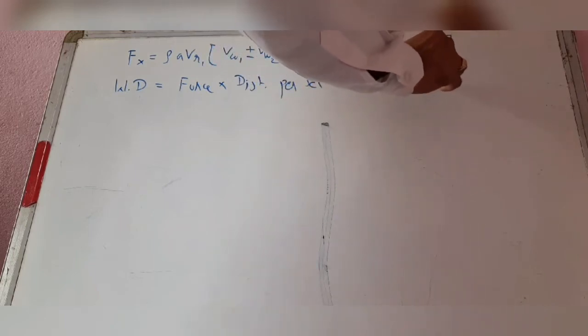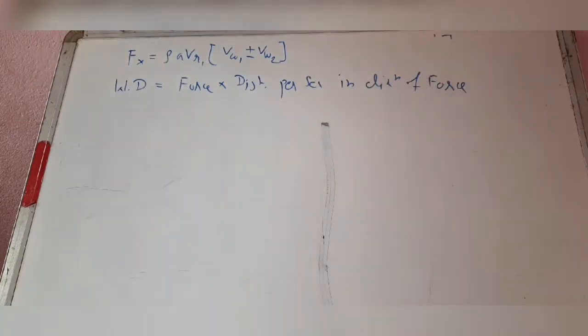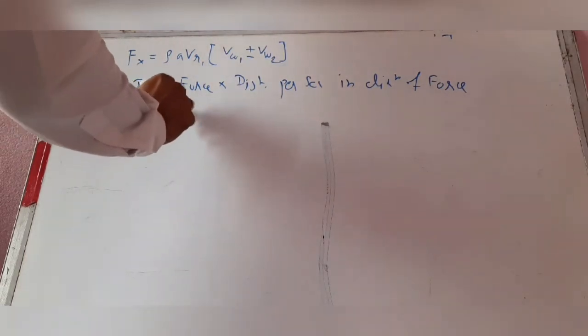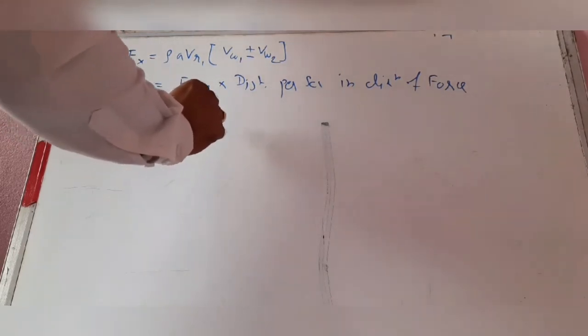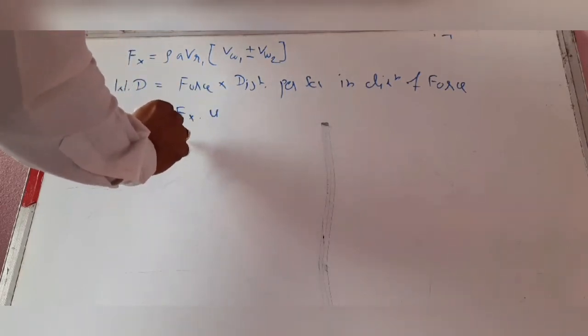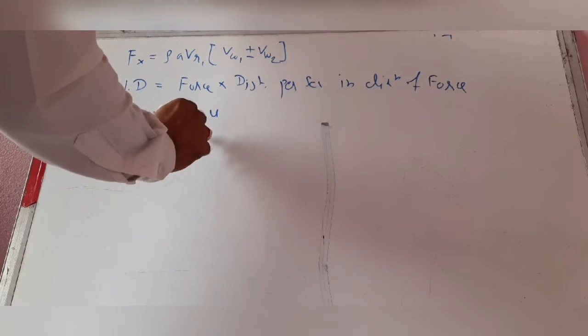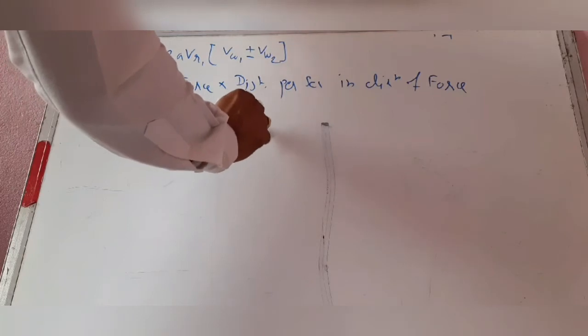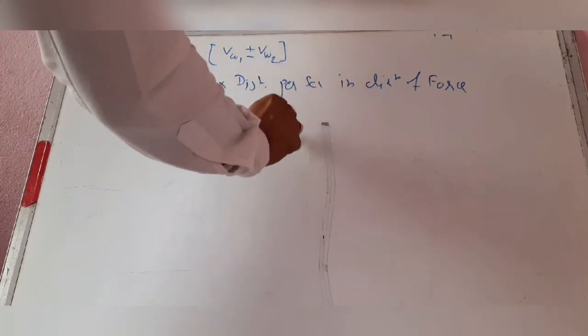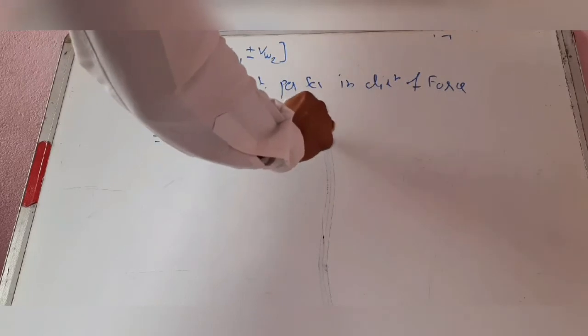So here the value of force is Fx into U. So by putting the value of Fx, that is rho A VR1 into VW1 plus minus VW2 into U.